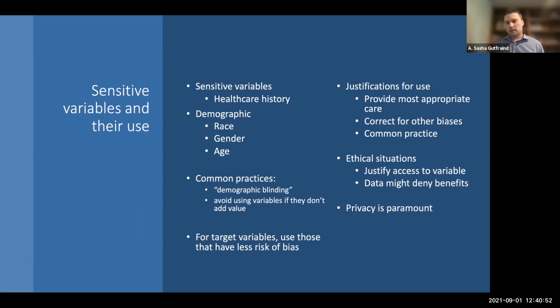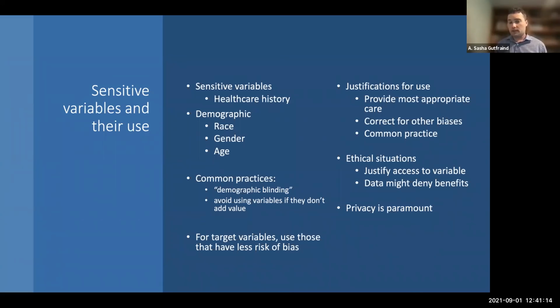What we frequently can do is to design the algorithm in such a way that the potential bias that might be present in the data or in the variables that you're using is mitigated in some ways. And so this is a topic in itself.